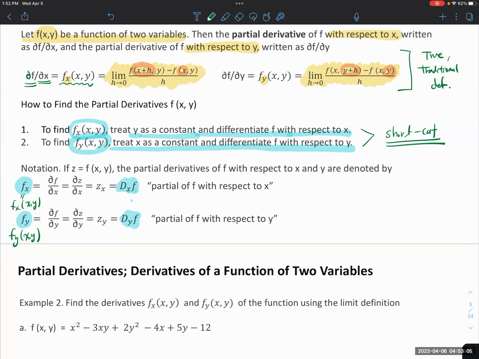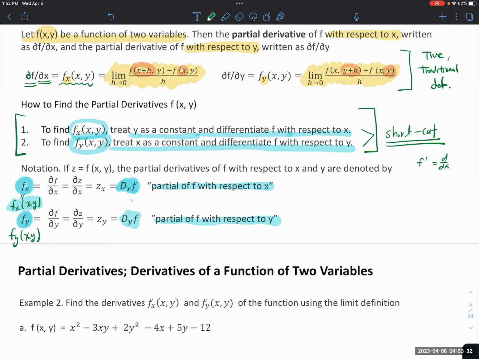If you remember, like f prime, d over dx, we talked about many different symbols in calculus 1. So if you look at this, it means the partial of f with respect to x. If I have f sub y, that means the partial of f with respect to y. Just be aware.